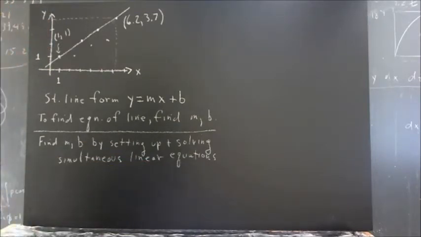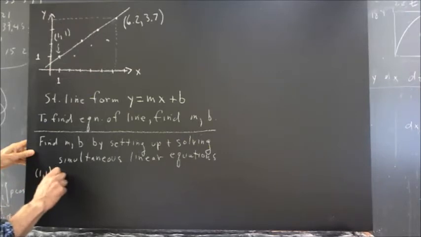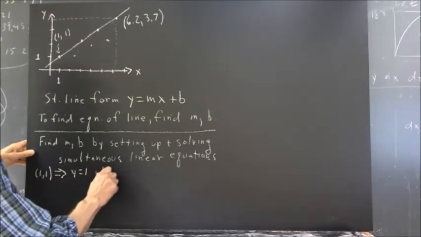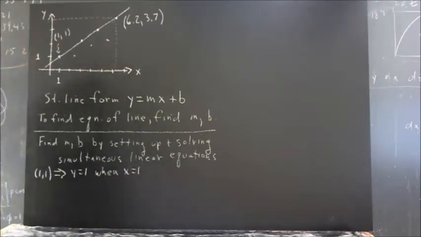what I mean by setting up and solving two simultaneous linear equations is this. You know that y equals 1 when x equals 1. So 1, 1 implies that y equals 1 when x equals 1.